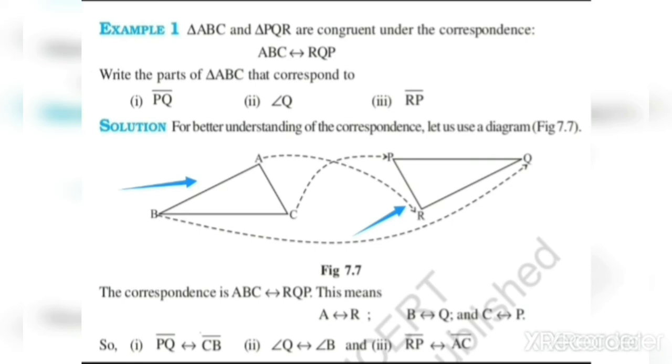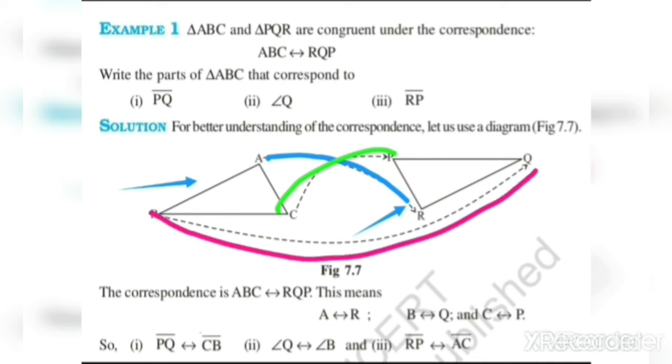So corresponding vertices are A and R, C and P, and B and Q. In this way, which side is the corresponding side of PQ? Look here. If we show PQ, the corresponding side of PQ is CB.